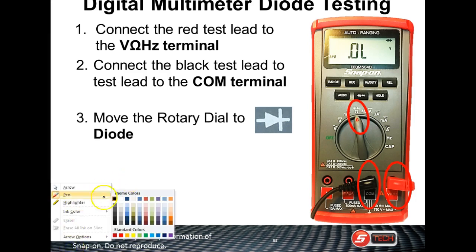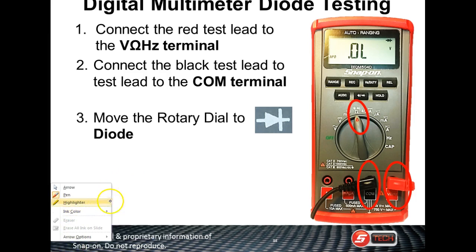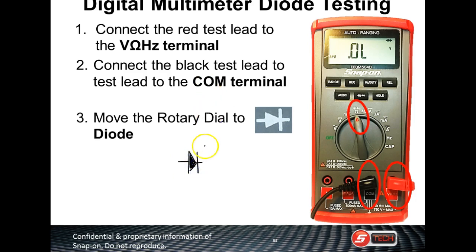The symbol for a diode is this guy right here. This side we refer to as the cathode, and this is referred to as the anode. This came up through vacuum tubes; the first diodes were actually vacuum tubes.